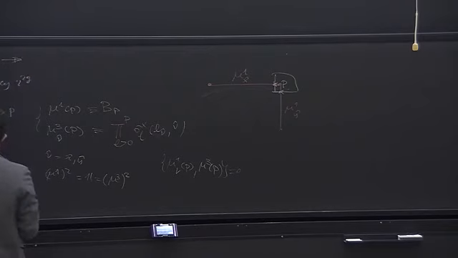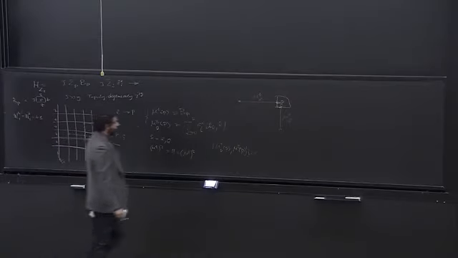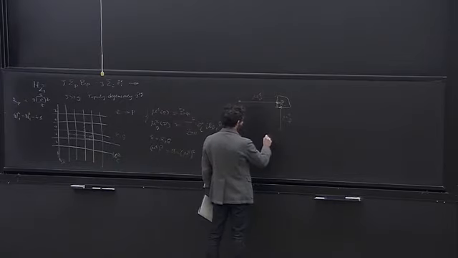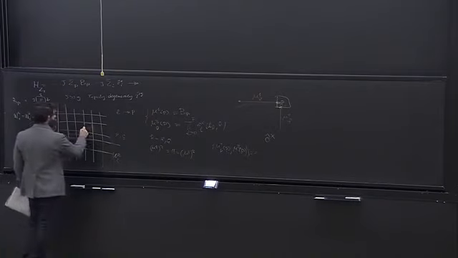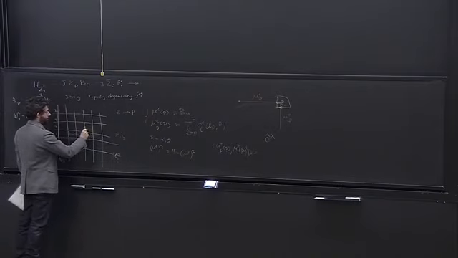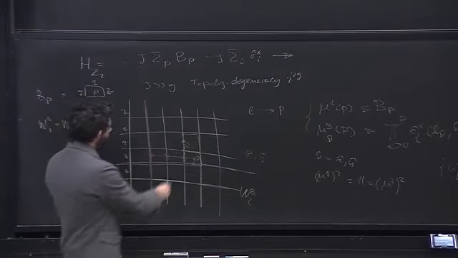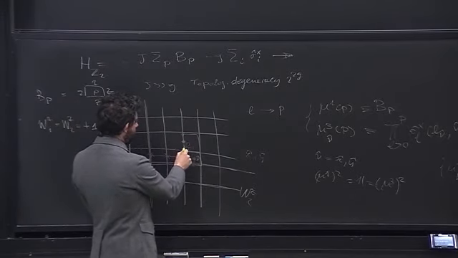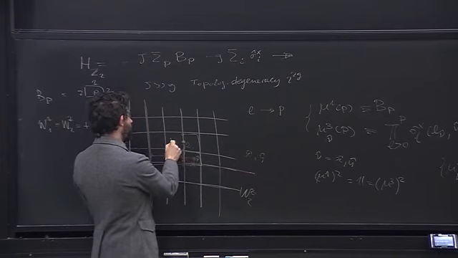Okay. So let's write the Hamiltonian in the new variables. In the new variables, notice that if I take sigma x on some link L, I can label this link as the link that is between this plaquette and this plaquette.